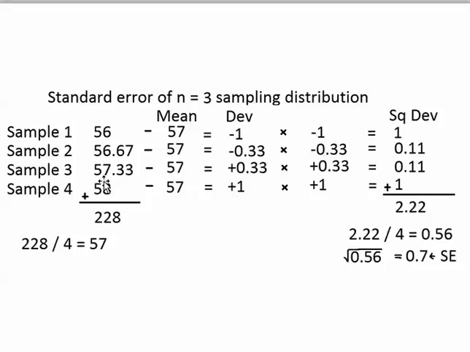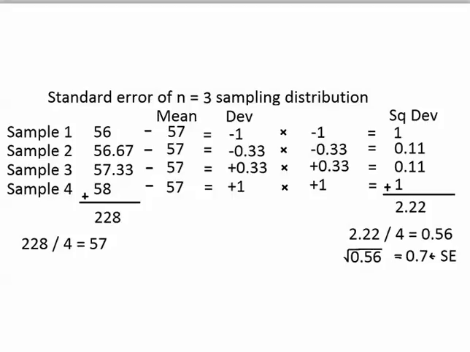But now that we're dealing with a sample size of 3, the possible samples are only 0.7 off target on average. So when the sample size goes up, the standard error goes down, and that just means that the possible samples are more on target, they're more accurate on average.